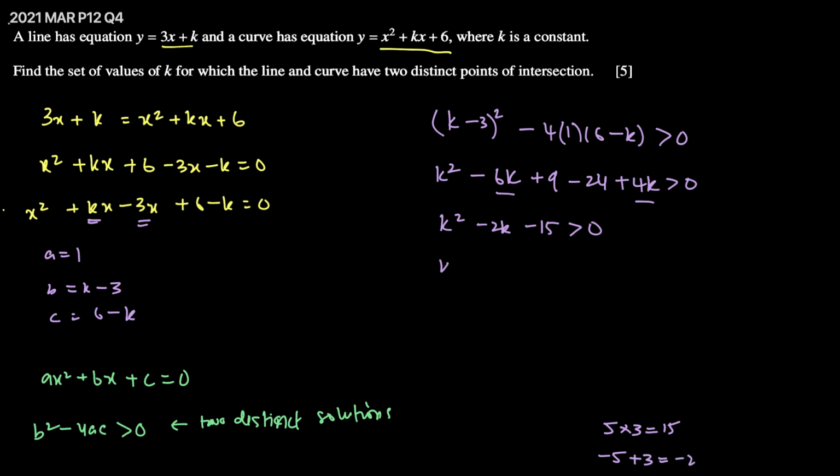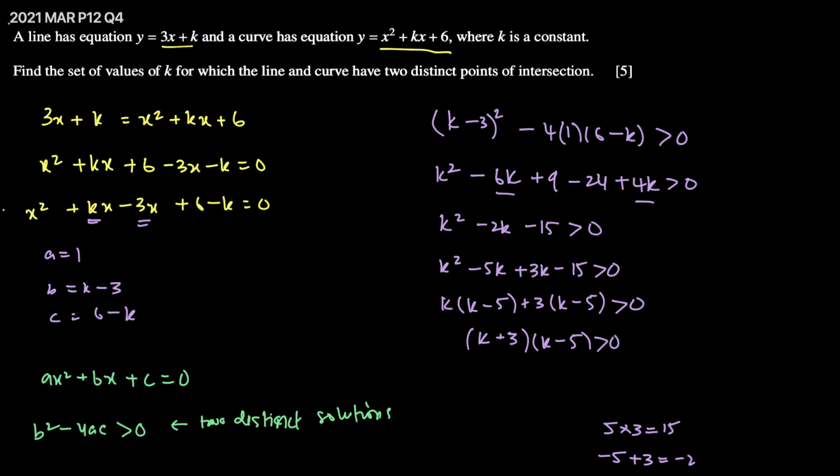So we can say that k squared minus 5k plus 3k minus 15 is greater than 0. So that means k times k minus 5 plus 3 times k minus 5 is greater than 0. So we get k plus 3 times k minus 5 is greater than 0.